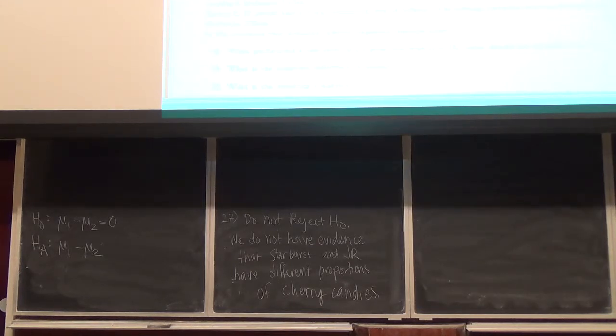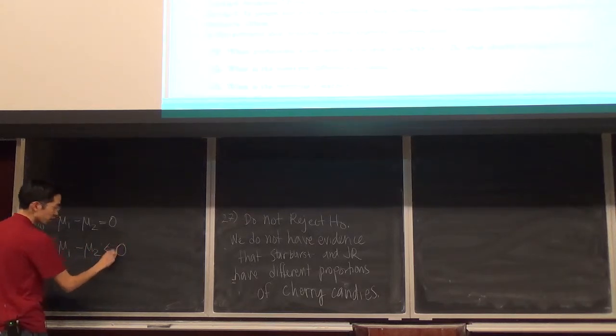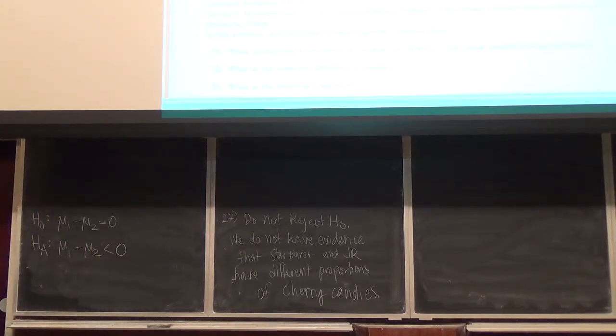Oh, okay. Then it's less. It would take less time to react. So if you had caffeine, would your reaction time be larger or smaller than without caffeine? Smaller. So it should be mu1 minus mu2 is less than 0. Is that okay?